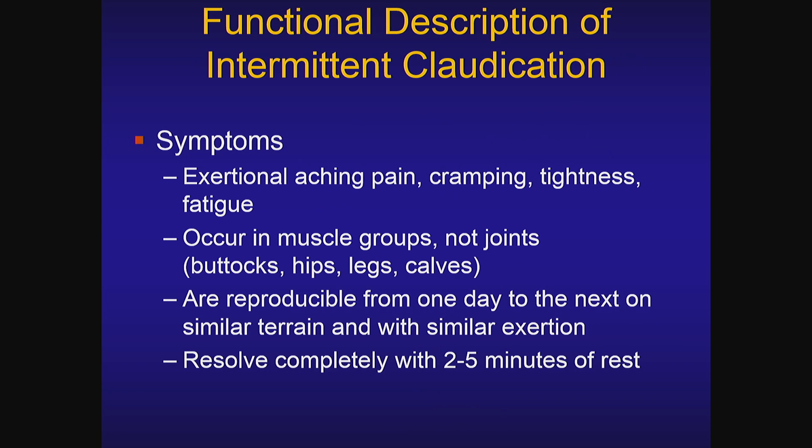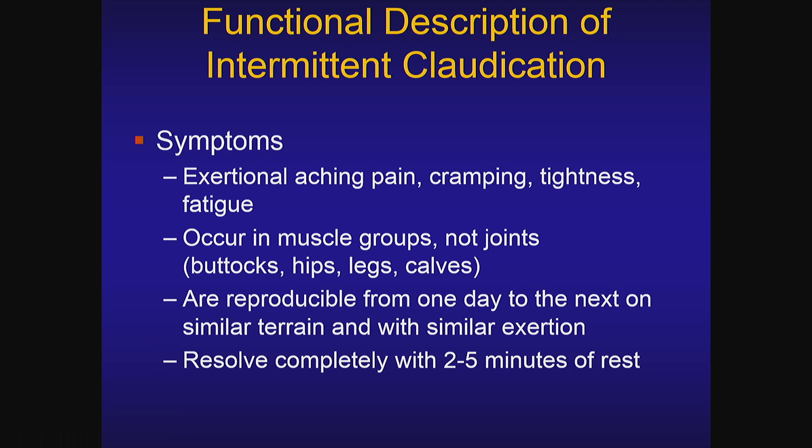The most common symptom of peripheral artery disease is, of course, intermittent claudication, which is characterized by exertional aching pain, sometimes described as cramping, tightness, or fatigue in the muscle bed affected by the arterial stenosis.